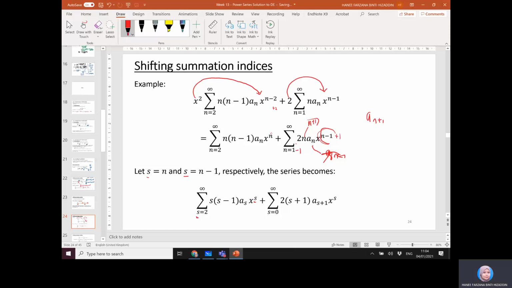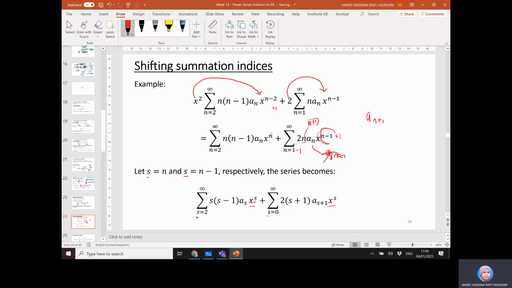So then you will end up with the series starting from 0 to just maintain 2, because 2 is just a constant, so you don't have to add another plus 1 there. So instead of n, you have s plus 1, and instead of a sub n, you have a sub s plus 1 or n plus 1, anything, and then x to the power of just n or just s. So now you are slowly making things in order.